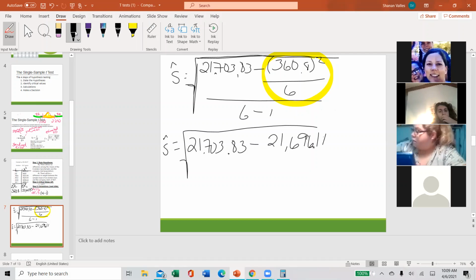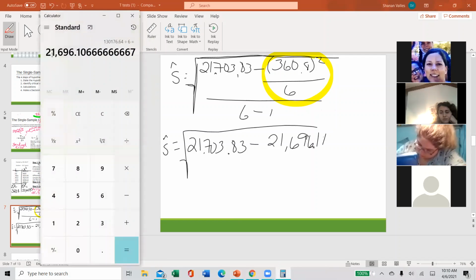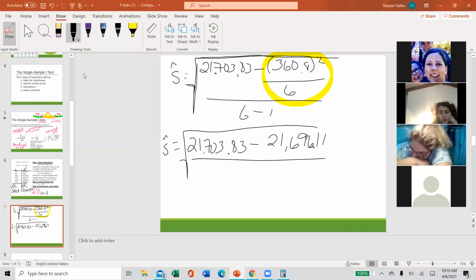I'm just going to round up that 0.1666 to 0.11. So our really big number divided by 6 got us 21,696.11. And all of that is going to be over this 6 minus 1. We can go ahead and put a 5 right there because we know 6 minus 1 is 5.